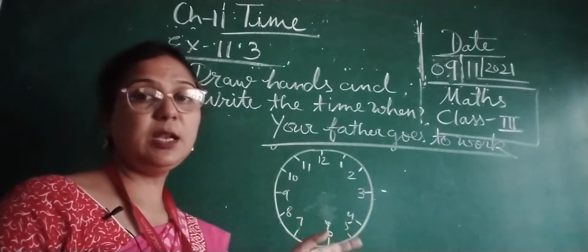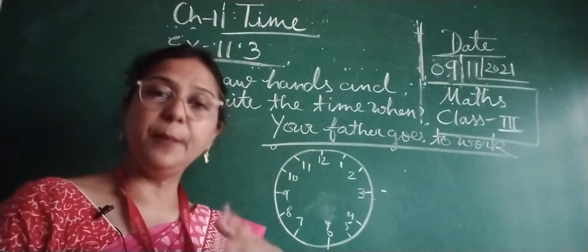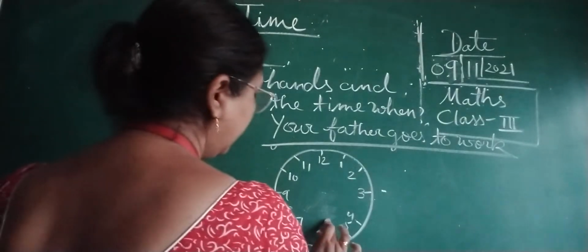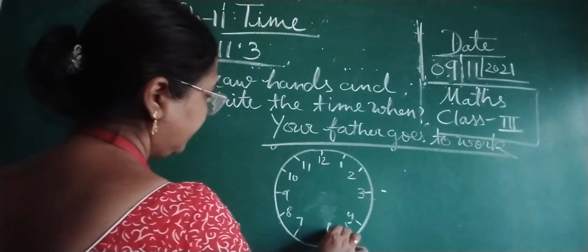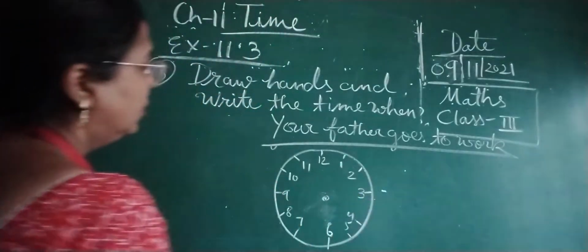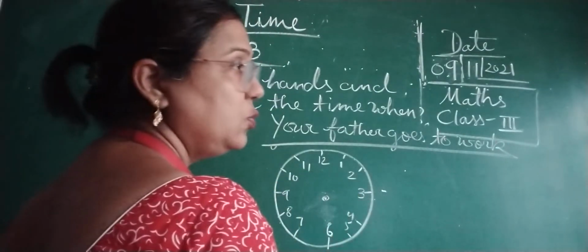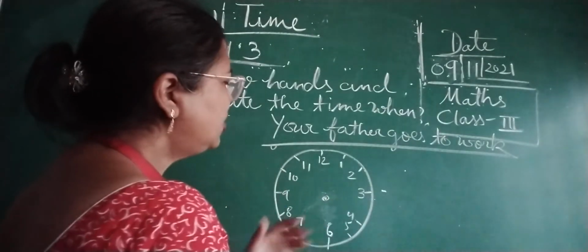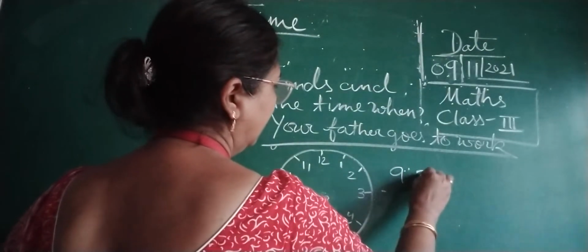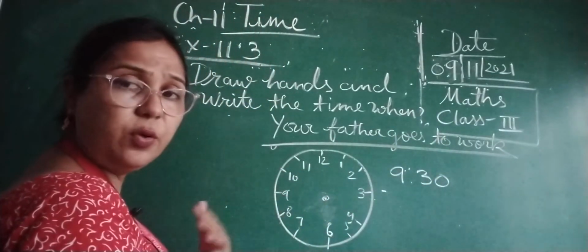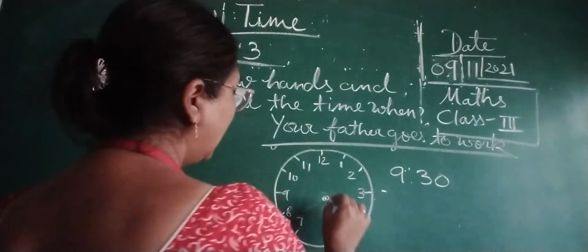So it is not necessary you will draw this 9:30, but I am just drawing in general. So it depends upon your personal timetable, whatever the timetable of your father's. So what type of occupation he is doing, that depends upon them. But because in general your father goes to work at 9:30. Yes, of course, because before half an hour we have to reach our workplace.